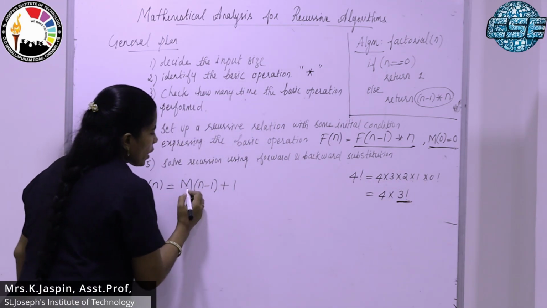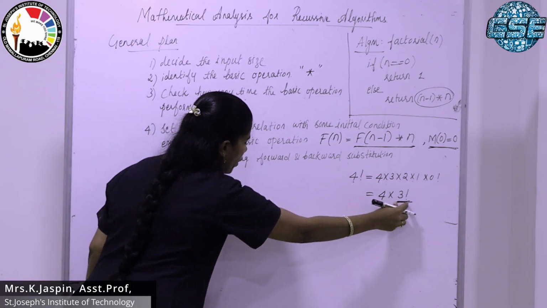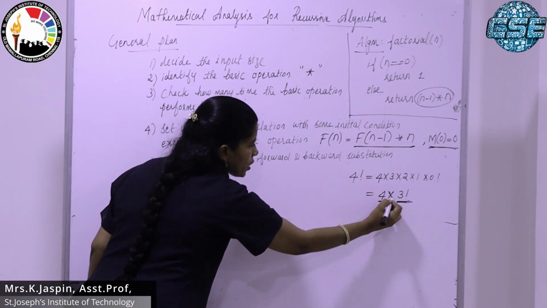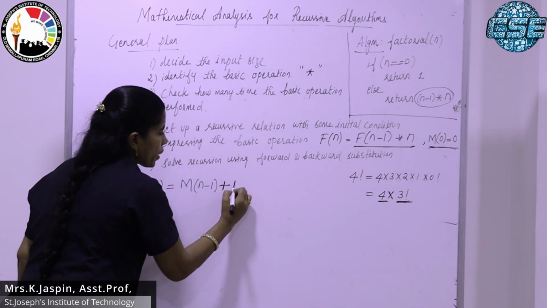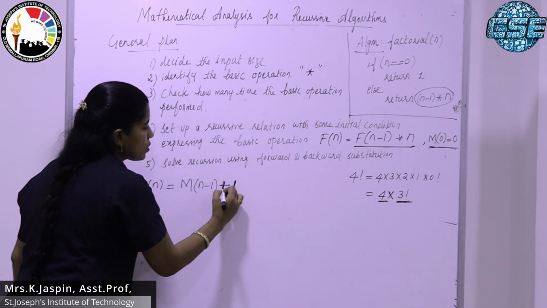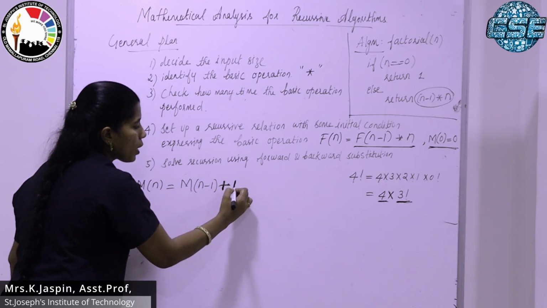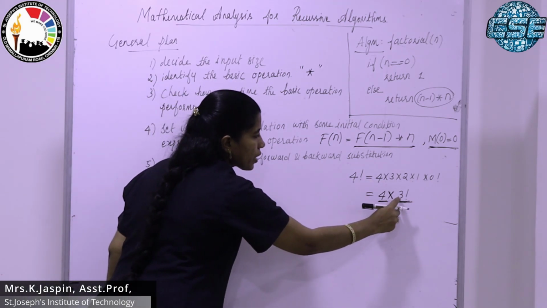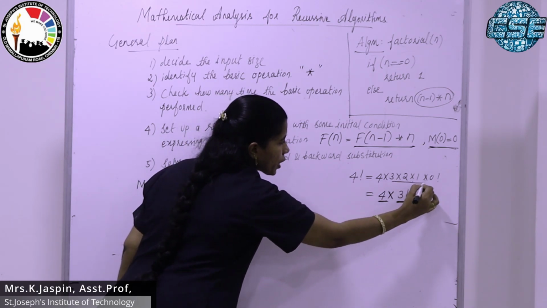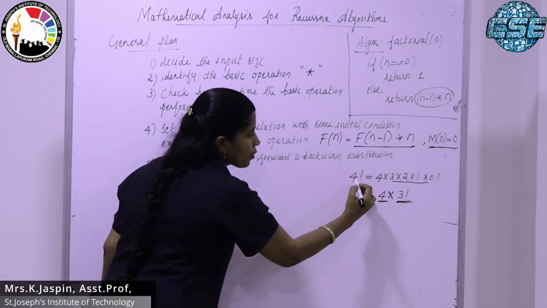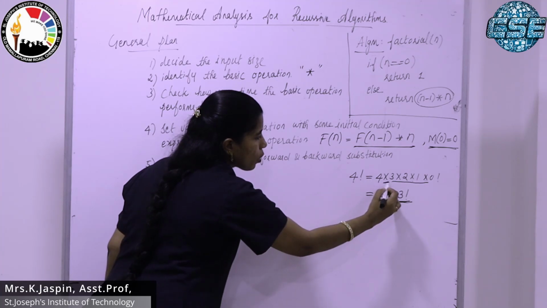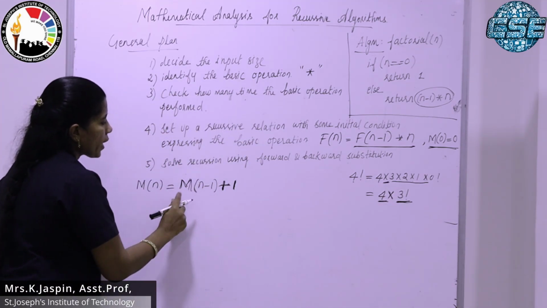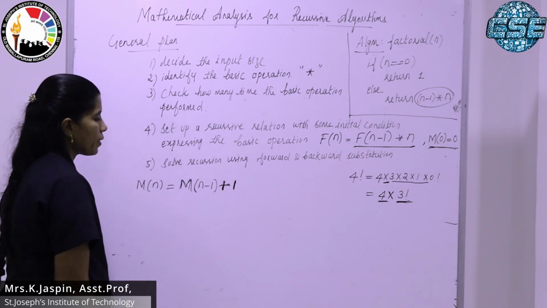So m of n minus 1, that is 3 factorial, I am going to add one more multiplication, so that's why I have given plus 1. If you are calculating 3 factorial, I need 3 multiplication operations. In order to bring the 4 factorial, I need to add one more multiplication. That's why I have represented the mathematical expression like this, m of n minus 1 plus 1.